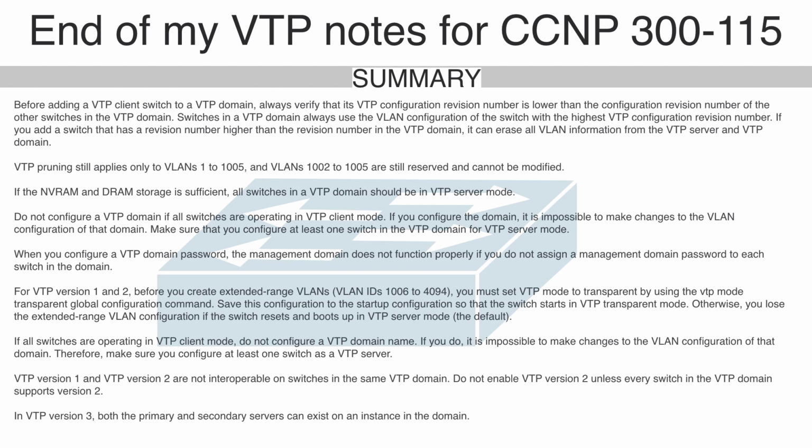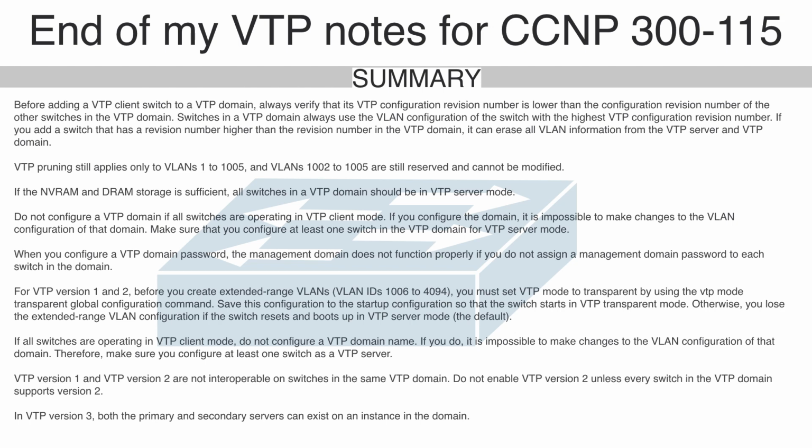For VTP version 1 and 2, before you create extended range VLANs, VLAN ID 1006 to 4094, you must set VTP mode to transparent by using the vtp mode transparent global configuration command. Save this configuration to the startup configuration so that the switch starts in VTP transparent mode.